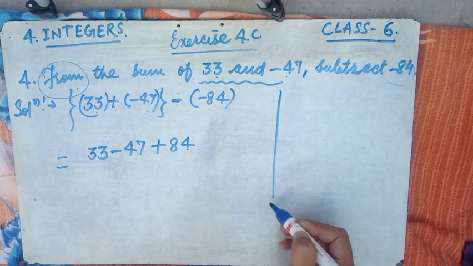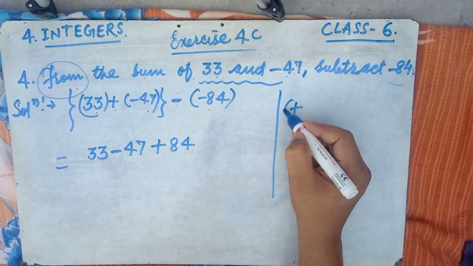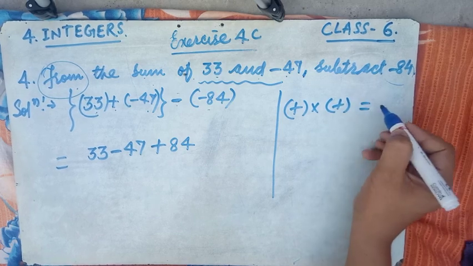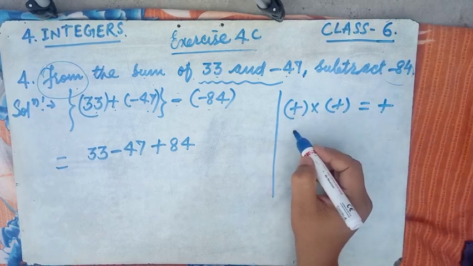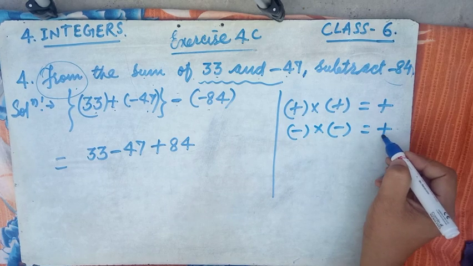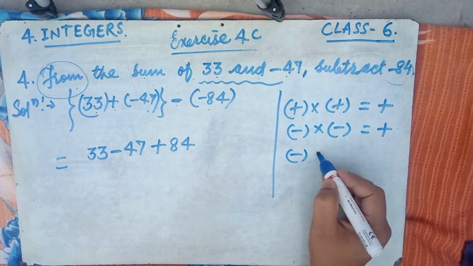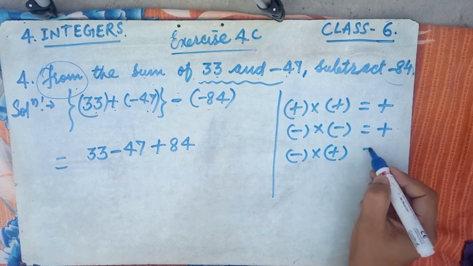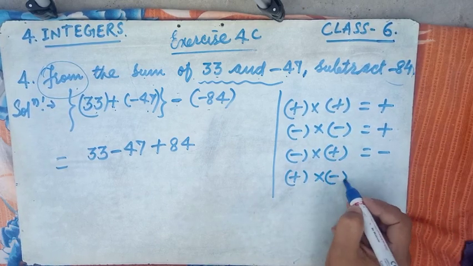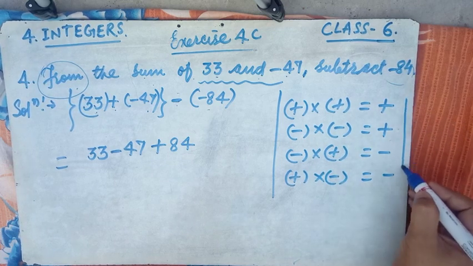Now one formula is here, please remember: plus into plus is equal to plus, minus into minus is equal to plus, minus into plus is equal to minus, and plus into minus is equal to minus. These are the four formulae.